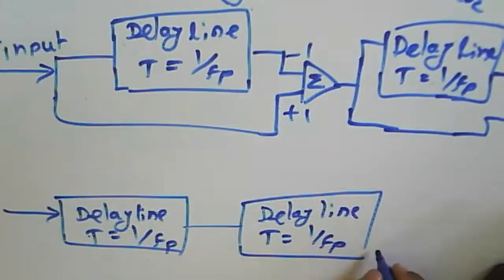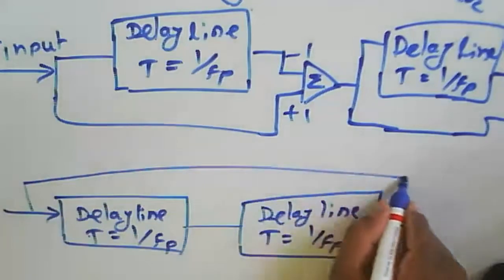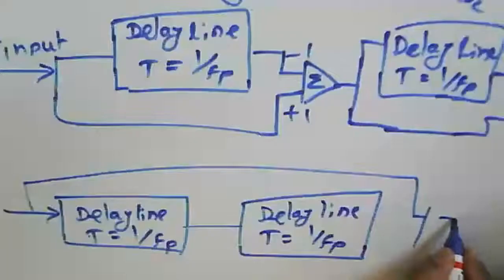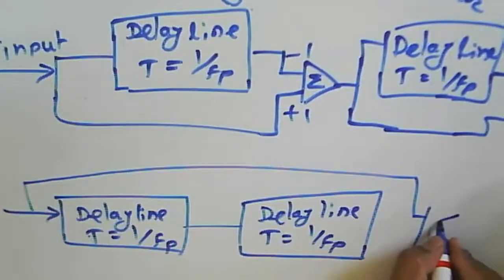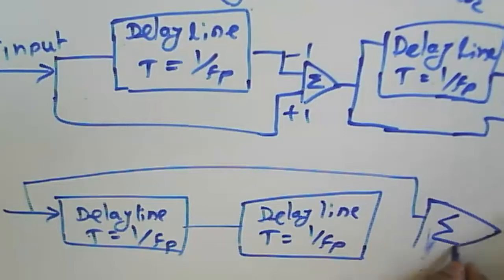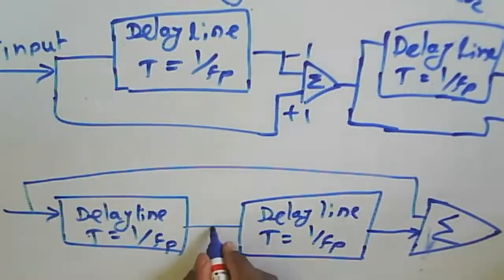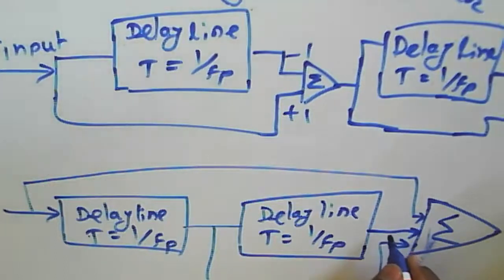Then another delay line, again with T equal to 1 by fp. The input is given here for the summation. This is the output from the first delay, and we get another input from this delay.